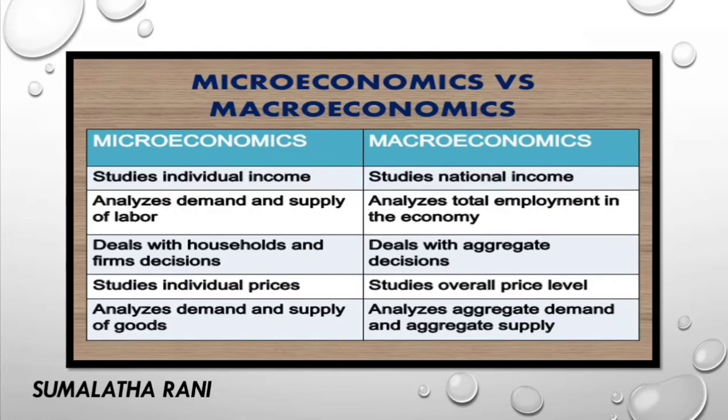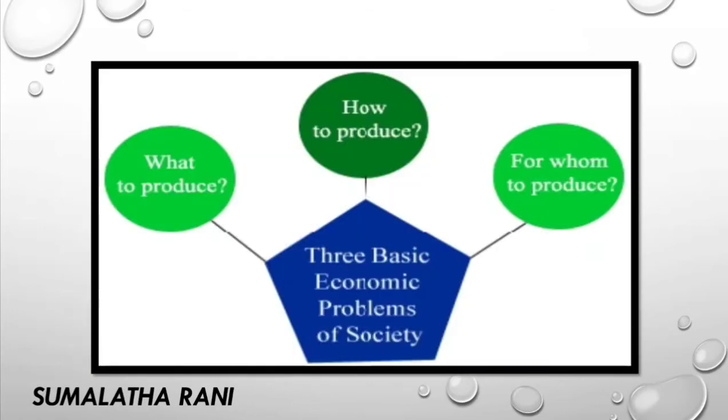Microeconomics studies individual prices, whereas macro studies the overall price level. Microeconomics analyzes demand and supply of goods, and macroeconomics analyzes aggregate demand and aggregate supply. This is the difference between microeconomics and macroeconomics.